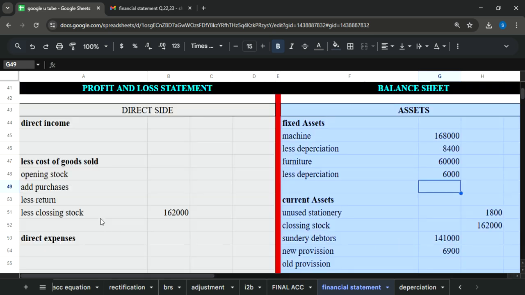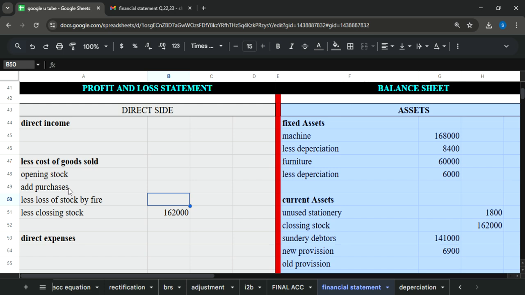So here instead of returns, because I think in the question returns are not present, you will mention loss of stock by fire. When there is a fire, it means our stock would be decreased, and the entry which we would make would be loss by fire to purchase.